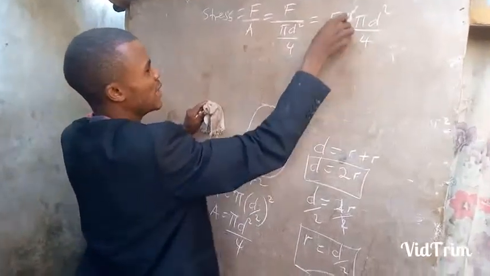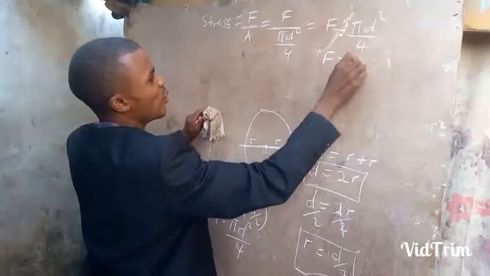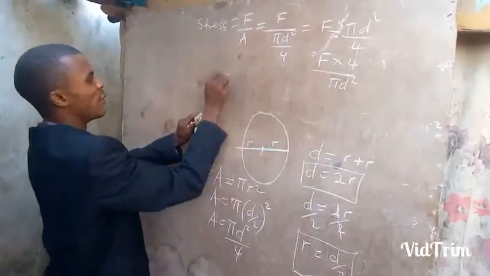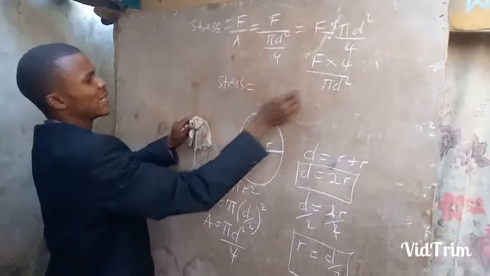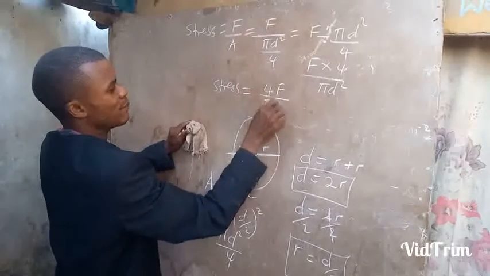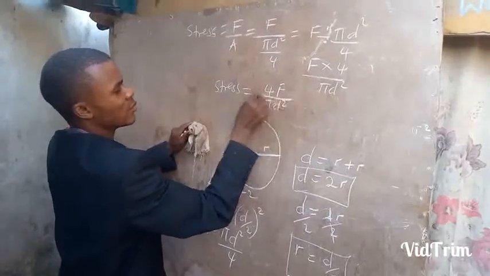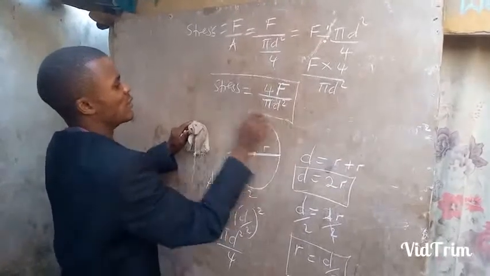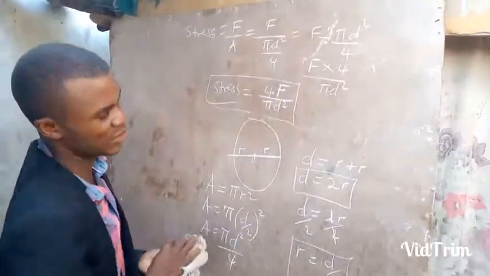You change the division to multiplication, 4 will go up, and then pi d square comes down. So the actual formula for the stress of the material is F times 4, which is 4F divided by pi d square. So when you say 4F divided by pi d square, it will give you the stress of the material. That is the formula for the stress of the material.